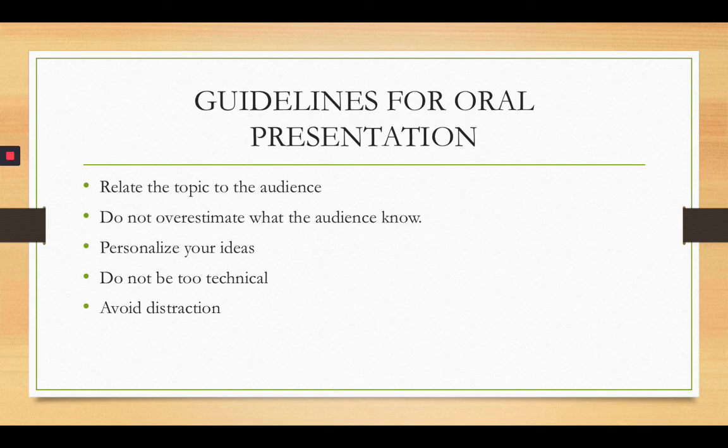Last but not least, avoid distraction. In your presentation, you can plan for everything, but it is best not to be too ambitious and include everything, because sometimes it can turn out to be a distraction.